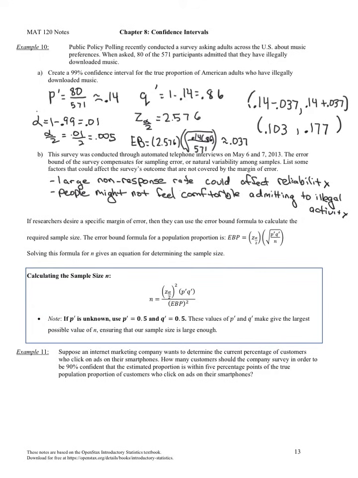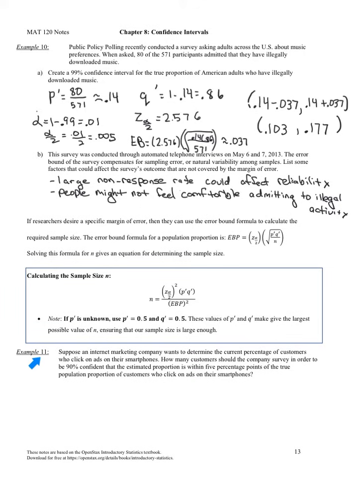In addition, below you'll see two formulas. One is for if researchers desire a specific margin of error or error bound, they could use this right here. Or if they desire a specific sample size, they can use this right here.